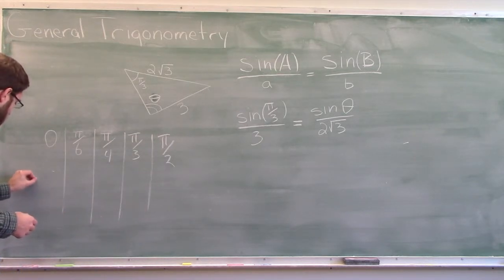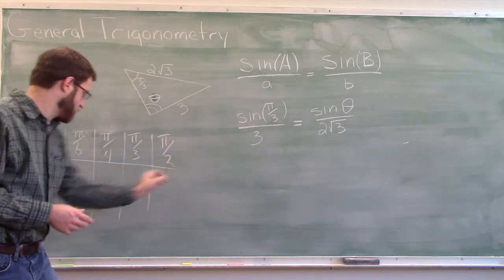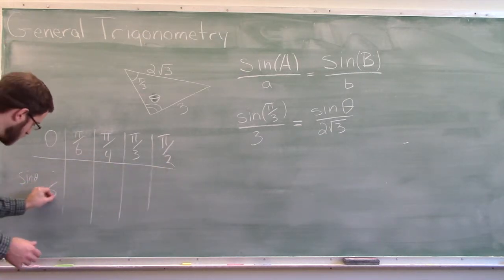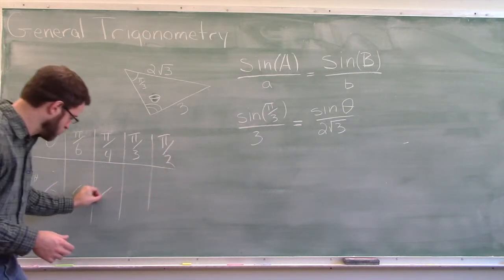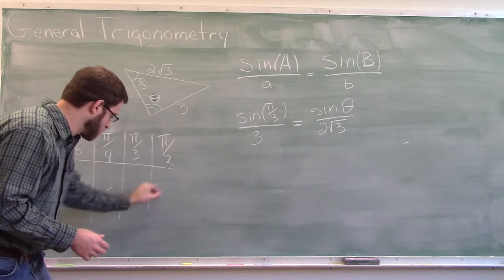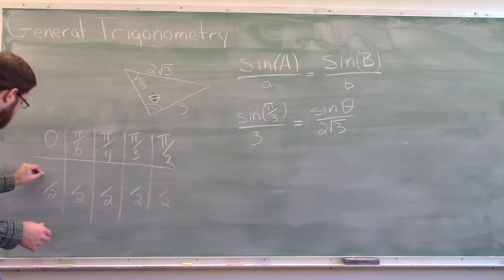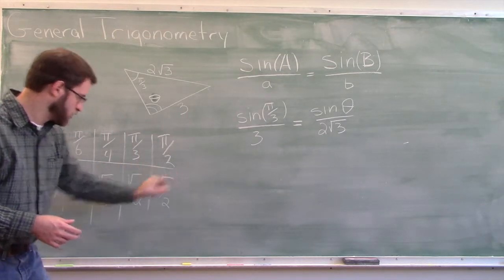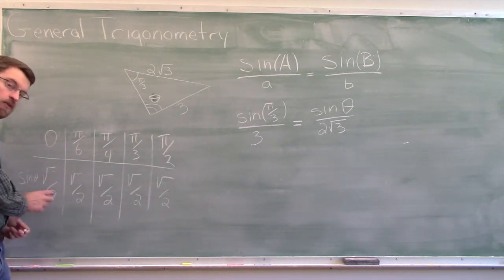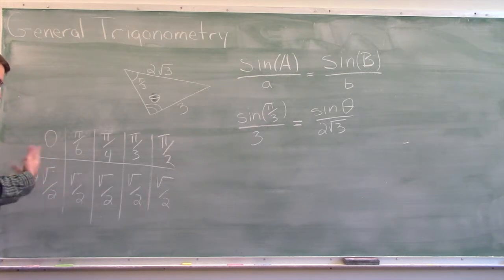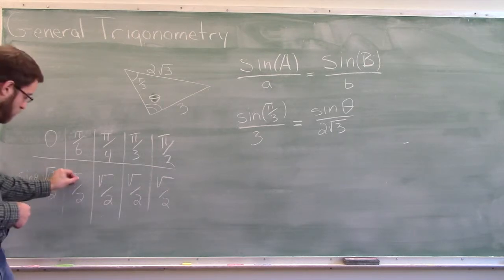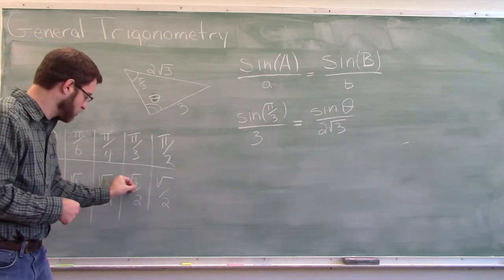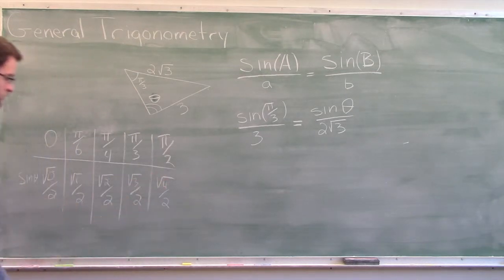So we'll put sine of theta on this second row. And we know that when we're building this table, everything gets divided by 2. There's a denominator of 2 in each term, a square root in the numerator of each term. Then we start at the right value for either sine or cosine and count up and down from there. So we know that the sine of 0 is 0, so we put 0 in, then 1, 2, 3, and 4.